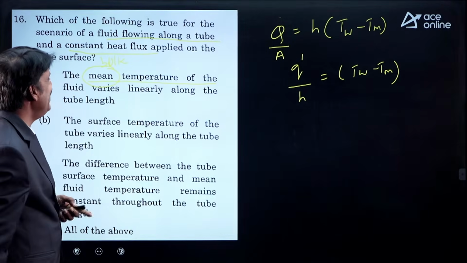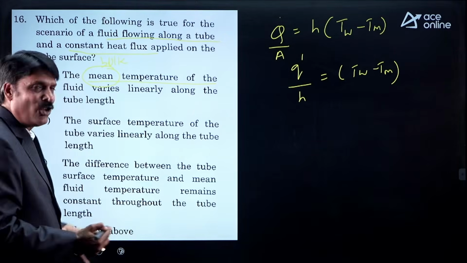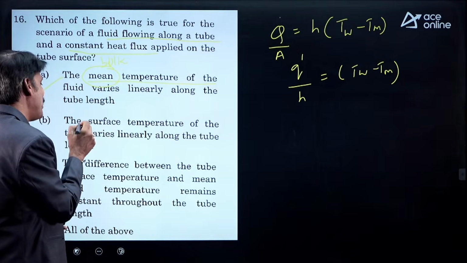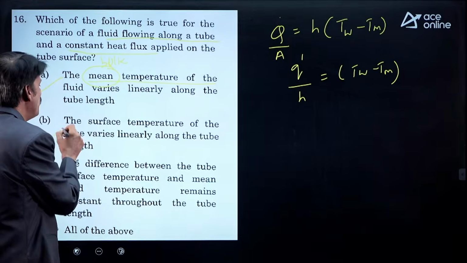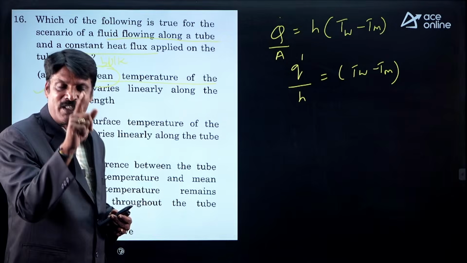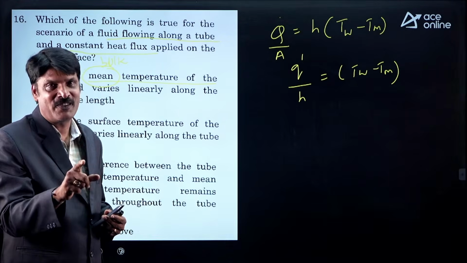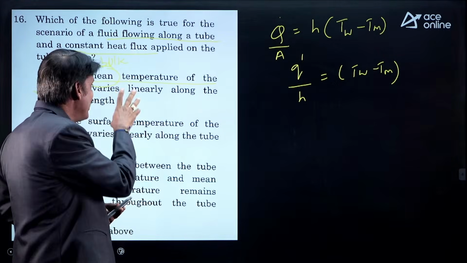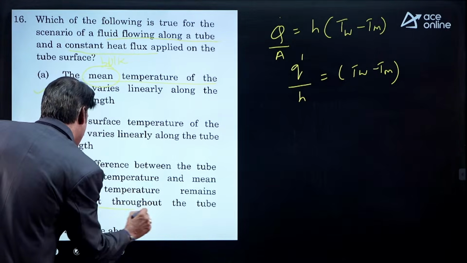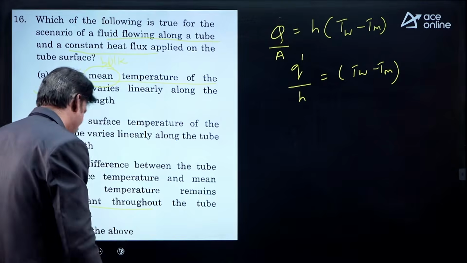So, the bulk mean temperature of the fluid varies linearly along the tube length, correct. The surface temperature of the tube varies linearly along the length of the tube, correct. And neither the fluid temperature nor the wall temperature remains constant, they vary. So, he has given variable, but the difference remains constant. So, answer is D, all the above.